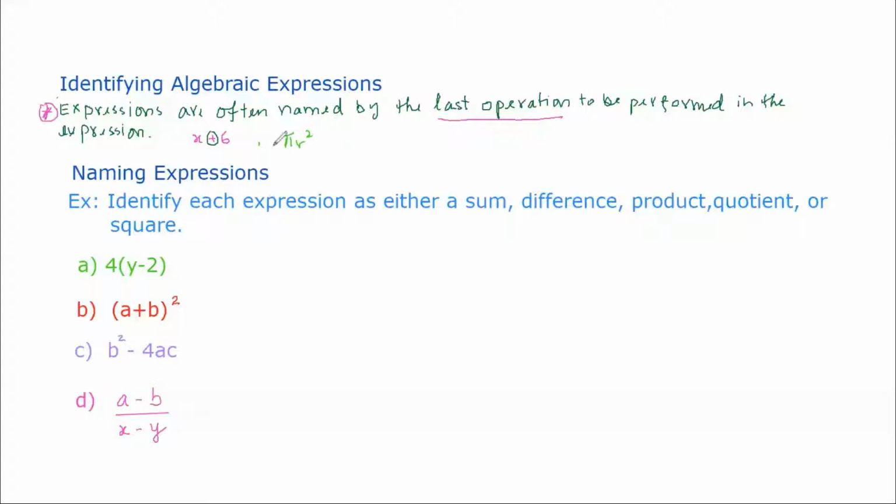If you want to name this expression, it is a product. Why? Because we do r square first, and then the last operation is multiplying by pi. So this expression is a product.